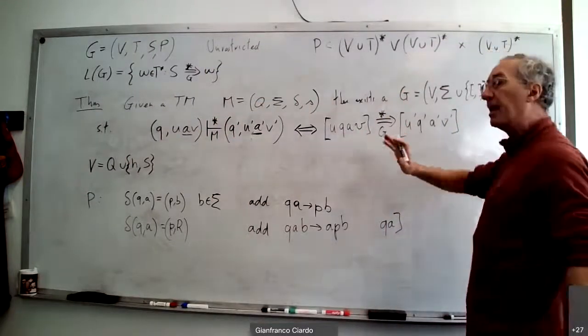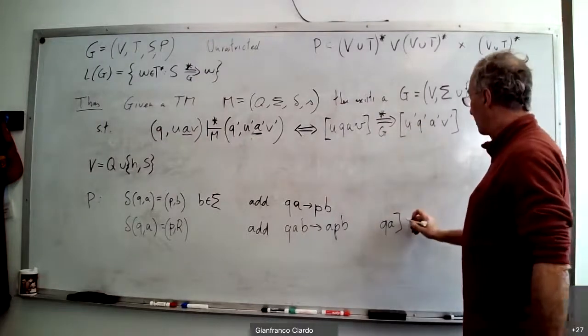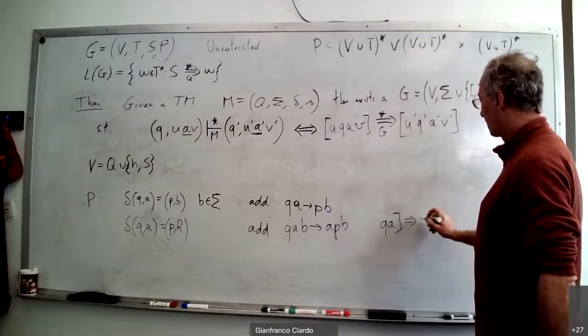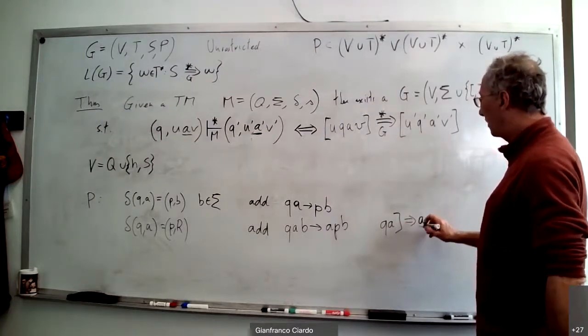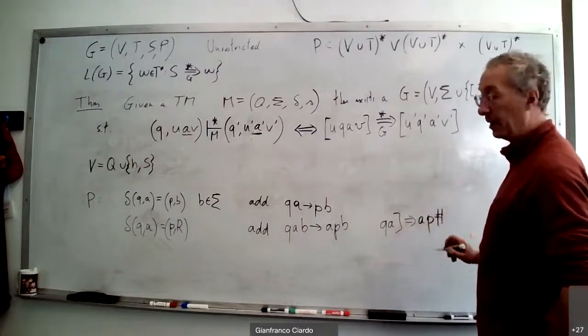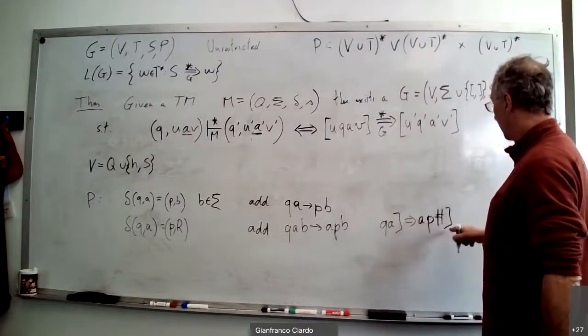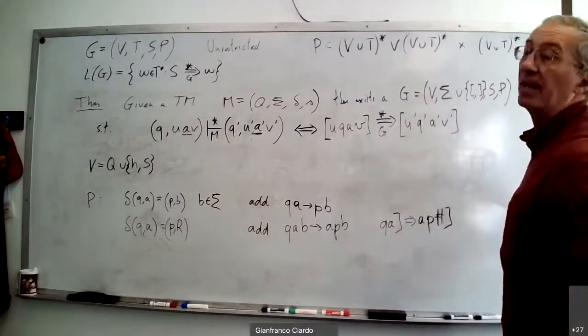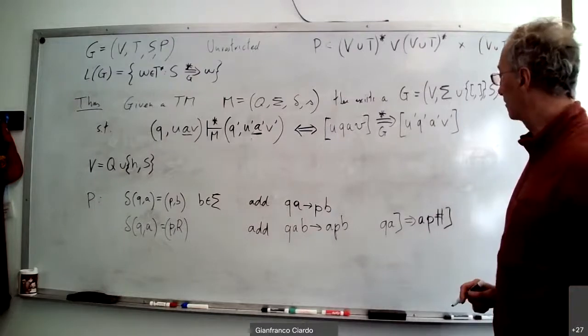I have this infinite number of blanks to the right. So in this case, what do I do? Well, I will have the A to the left. I will be in state P. I will have a blank under the head. And then you can think of this right bracket as the infinite number of blanks.